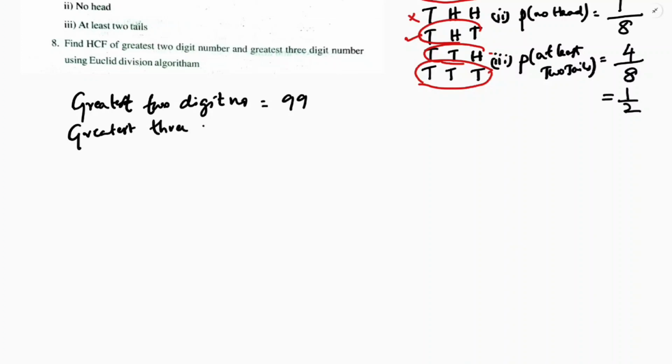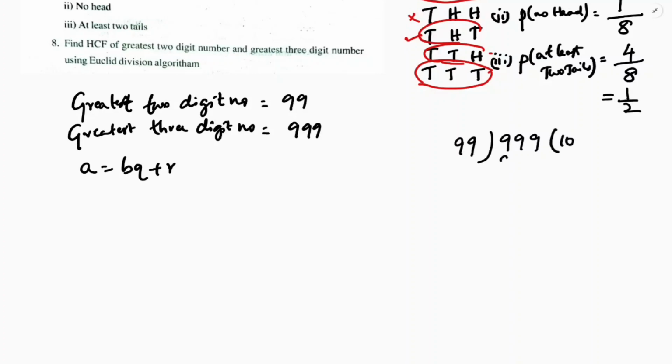Greatest 3-digit number is 999. We need to find HCF by Euclid division algorithm. So Euclid division algorithm is A is equal to BQ plus R. Directly you can write, or otherwise just do the division part, and with the help of that you can write over here.